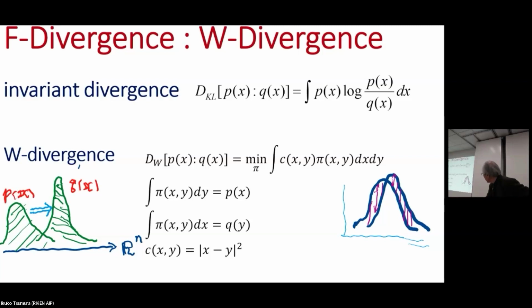But in the case of KL divergence or other invariant divergences, we measure the difference between P and Q at point x. That is the vertical difference, and we take some average. It looks very similar, but the structure is very different.